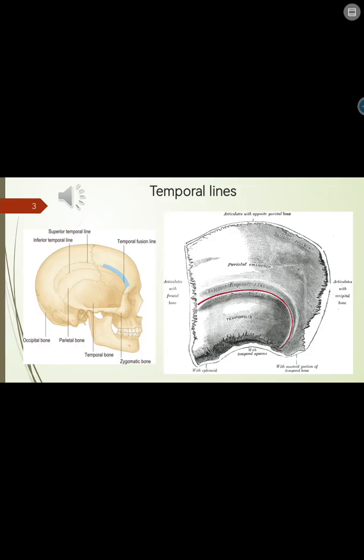Then it divides into two lines, superior and inferior. These two lines are on this external surface of the parietal bone. Also in the right picture, we can see the temporal lines and trace them on the temporal bone.